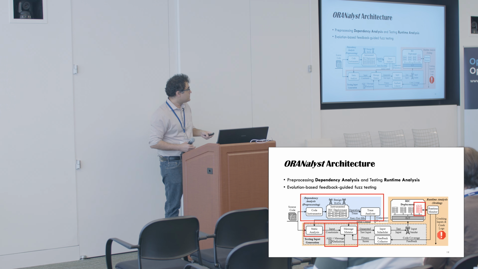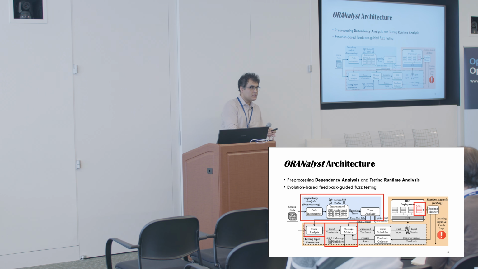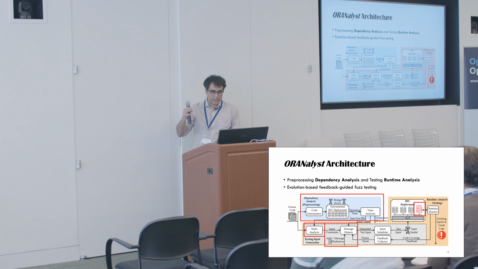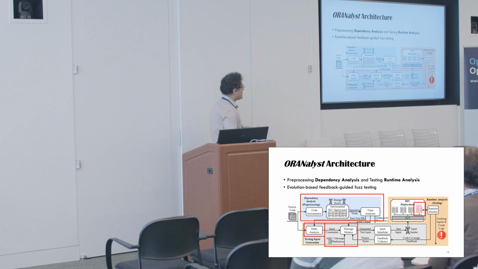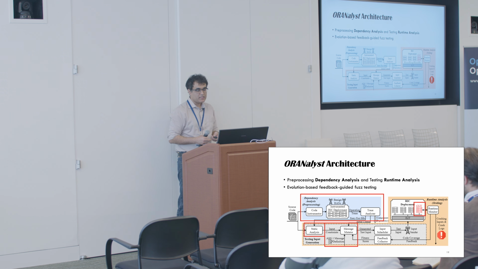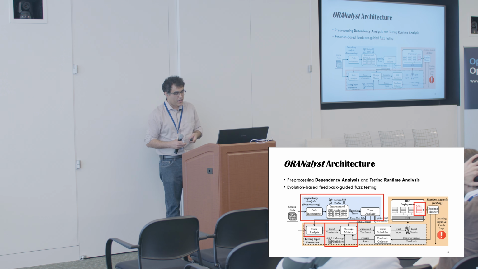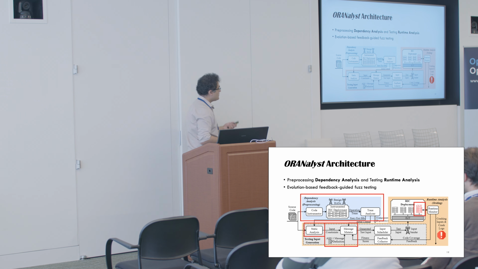We identify the constraints that have to be applied on the input message so that it can reach the target. And then like a typical fuzzer, we also have a scheduler for the inputs. We also have code coverage collection mechanisms through runtime monitors, and all different test inputs are automatically generated and then tested. Okay.